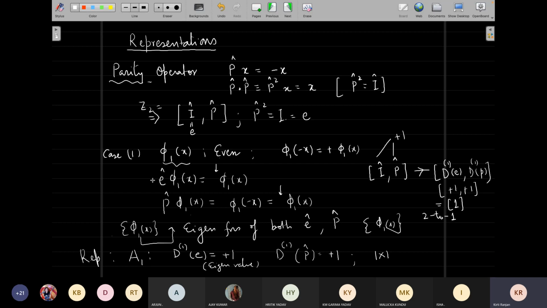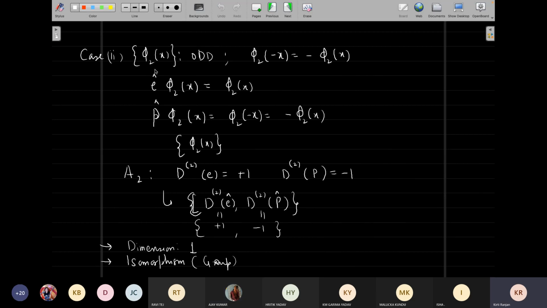If you operate E and P on phi 1x, you get phi 1x only. That means the basis function in the first case consists of only one kind of function, which is nothing but the even functions. You do not need two functions here. Both E and P have phi 1x as a simultaneous eigenfunction. We did the same thing for the second case.